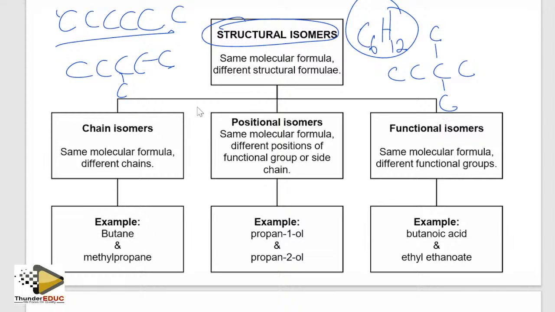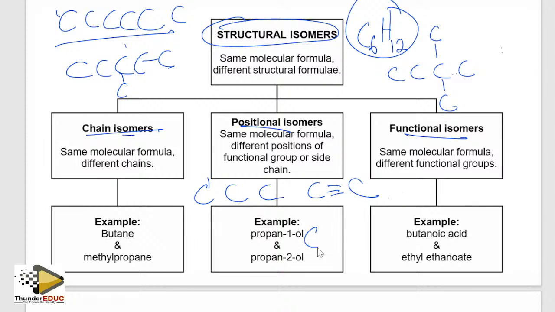Anyway, structural isomers. We have what is called a chain isomer, the positional isomer, and the functional isomer. Chain isomer: the main chain changes, and you have side groups. Position isomer: you change the position of the functional group. For example, 1, 2, 3, 4, 5, and here is a triple bond.